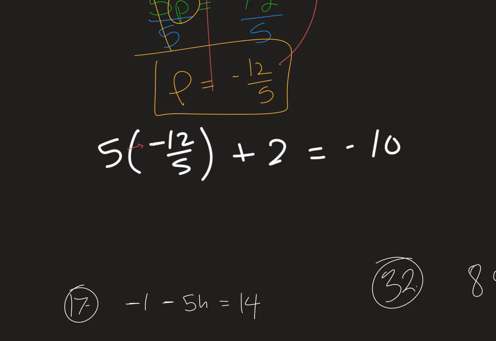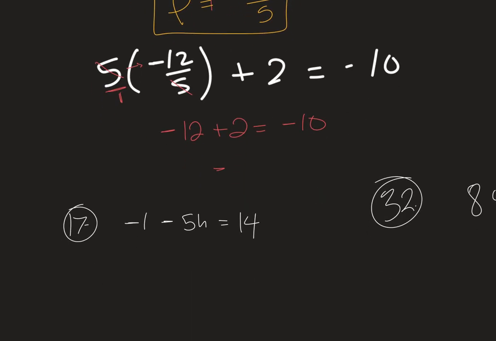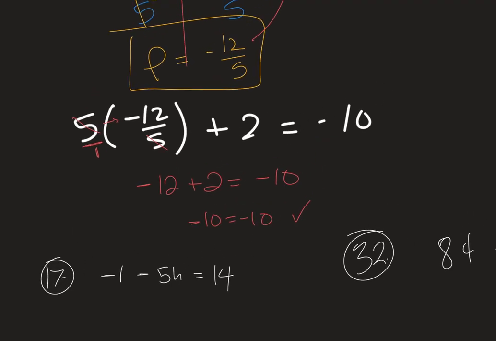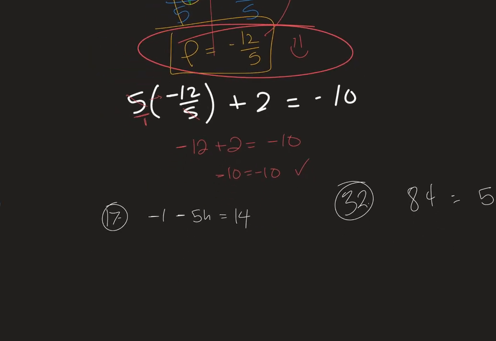When this guy is on top of a fraction, the diagonals can reduce each other, can cancel. So those 5s cancel, leaving us with -12 plus 2. Does that equal -10? Well, -12 plus 2 is -10. So sure, -10 equals -10. So you might not have loved the fact that this was -12/5, but it's correct.